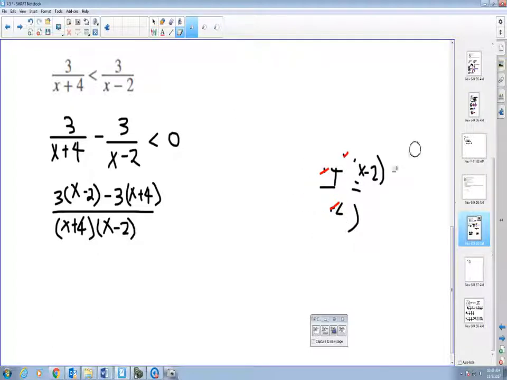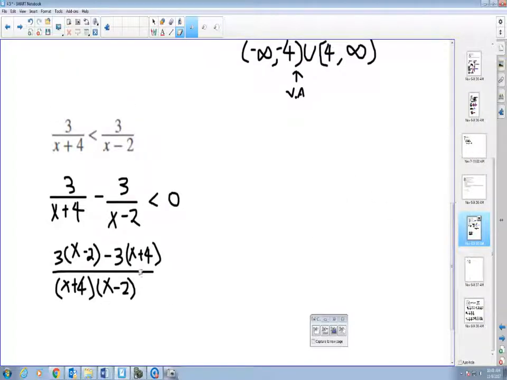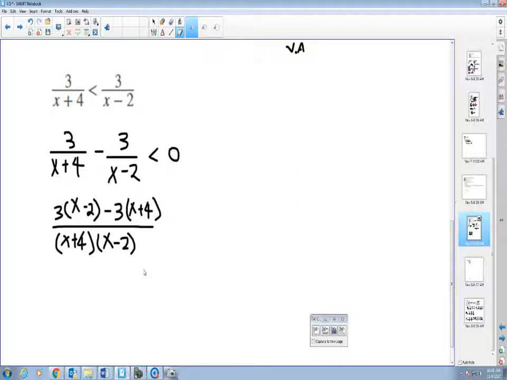Let's simplify the numerator real quick, because I always have to watch out after I simplify the numerator that maybe something will cancel with the denominator. Okay, maybe not.